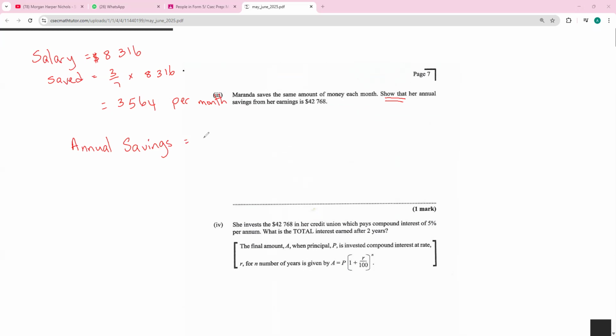So if 1 month she saves 3,564, when I multiply by the 12 months in a year, you could use a calculator, and I got 42,768 as shown.